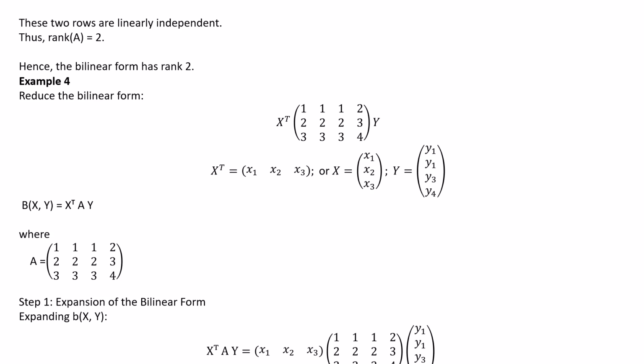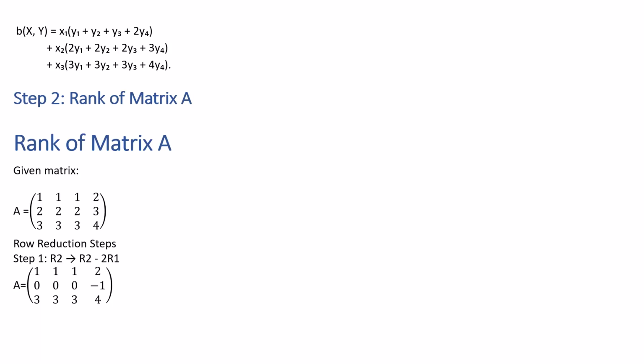The first thing to do is to expand the bilinear form, which is to write it in the standard form, that is X transpose AY. The next thing is to open up the bracket. You multiply out: multiply your A by Y.